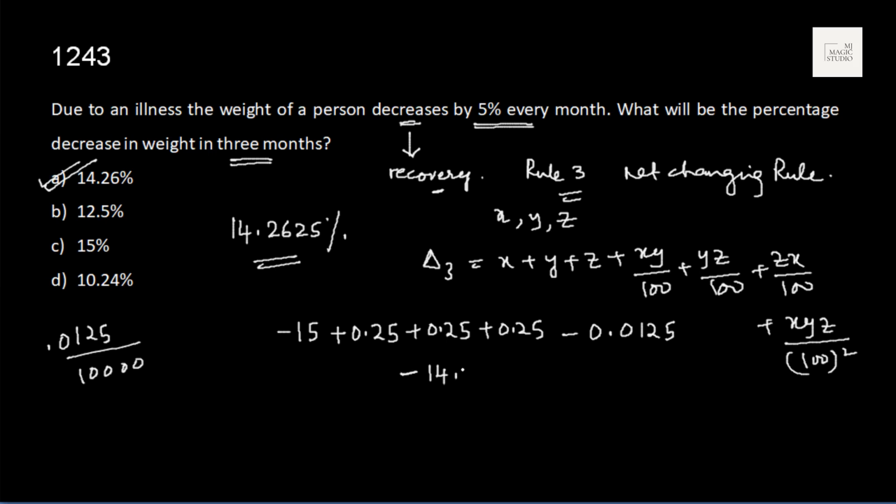So it is minus 15 plus 0.75 minus 0.0125. This gives us minus 14.2625. We can use this formula, the net changing rule, from our rule book, rule 3, or you may use a calculator. Option A fits in.